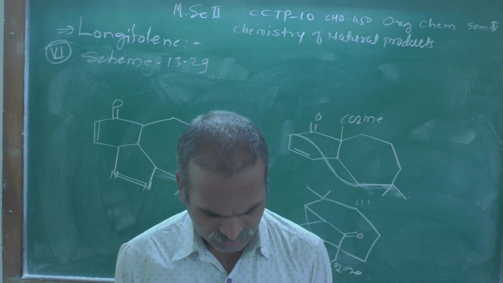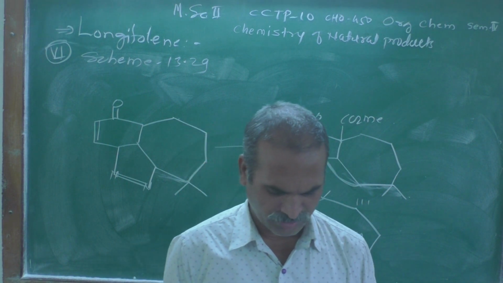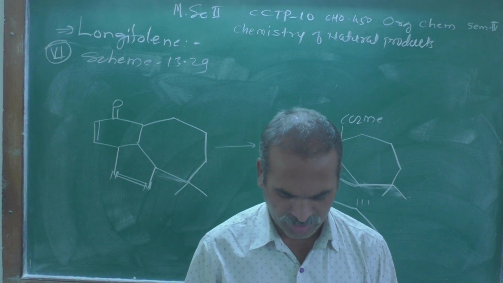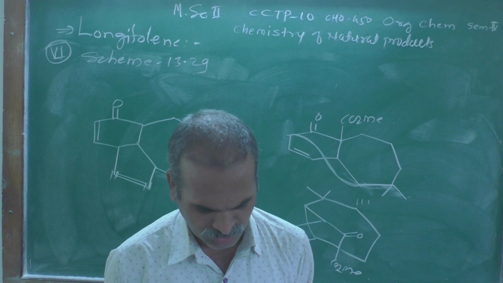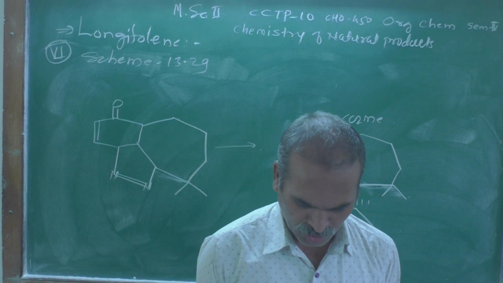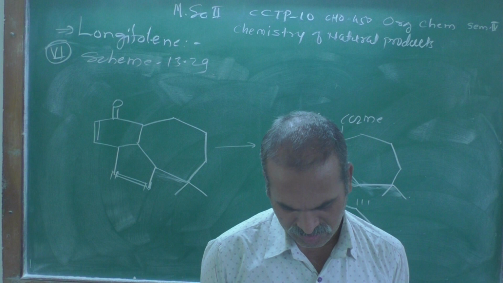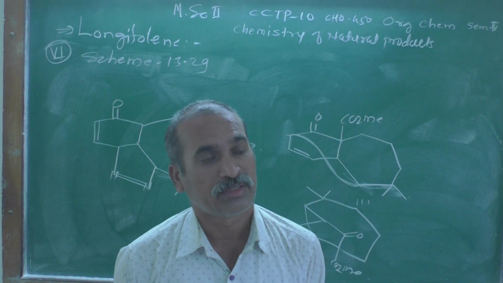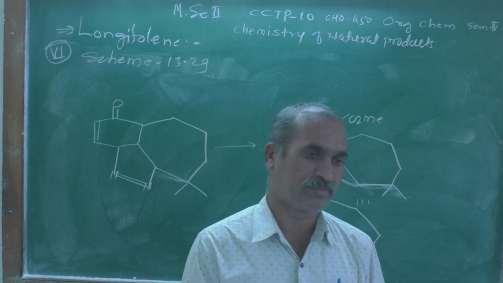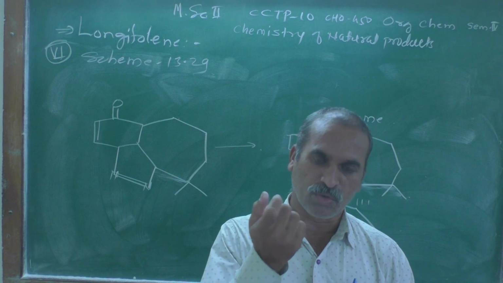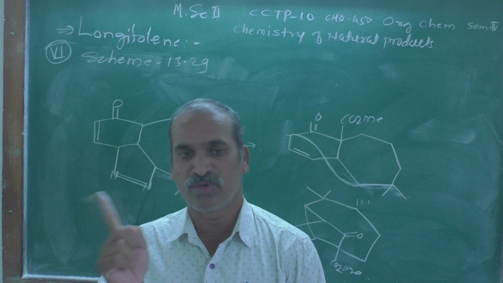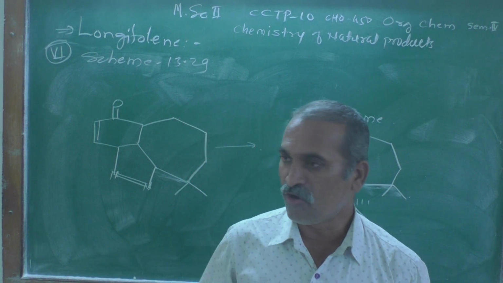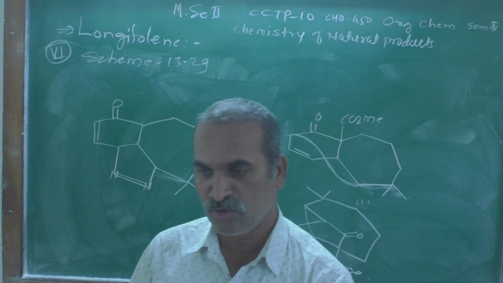The cyclization product was converted to an intermediate that was used in the longifolene synthesis described in scheme 13.24. At the beginning, we already discussed that scheme 13.24 is the first way of synthesizing longifolene.